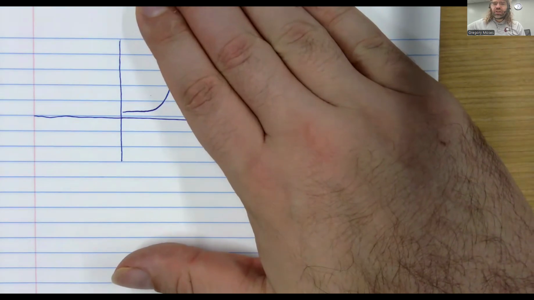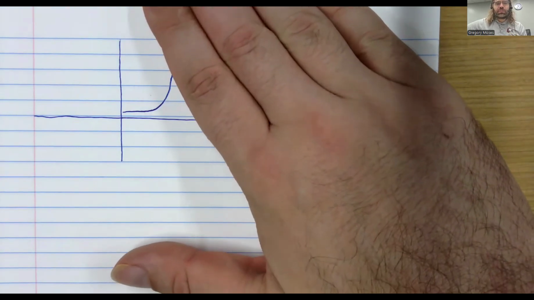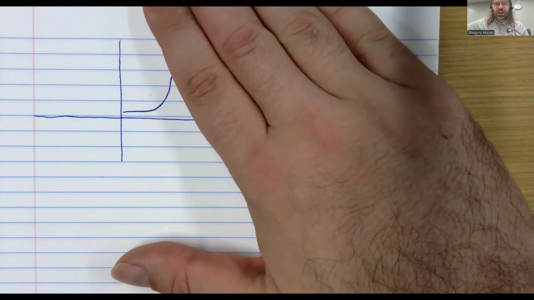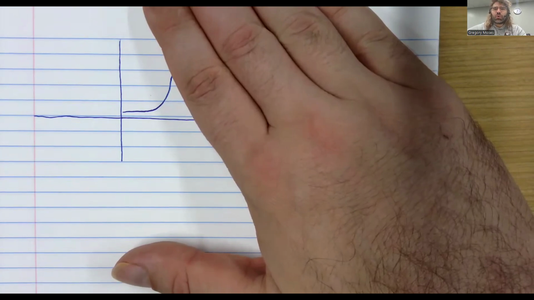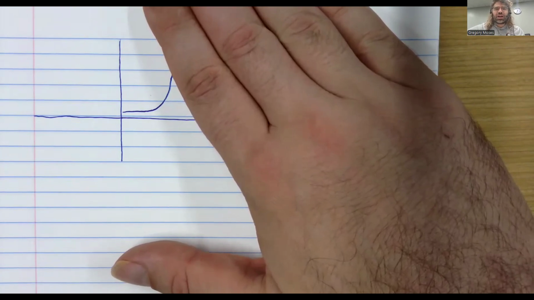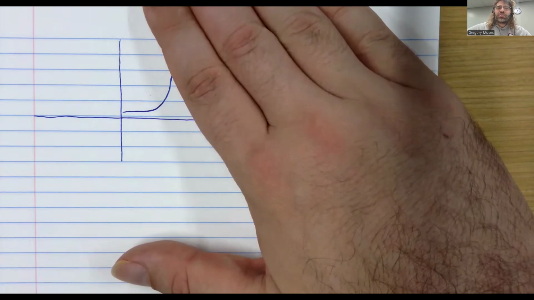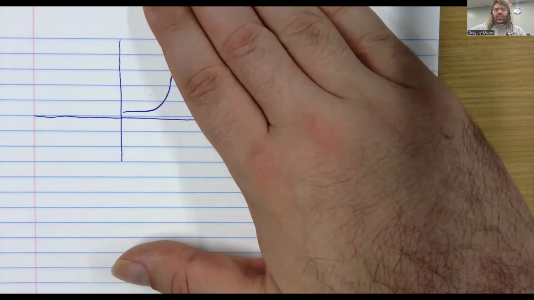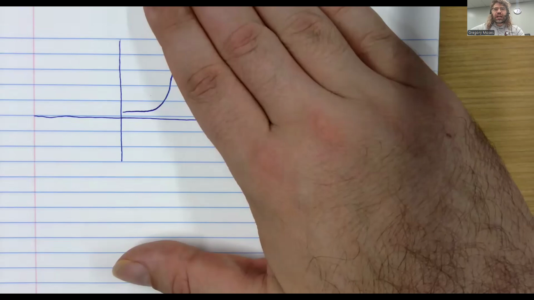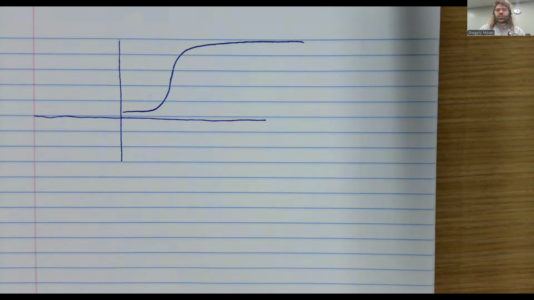Well, notice that if I crossed out the part where the disease got under control, this would look a lot like an exponential function. And the equation for a graph like this has exponential functions in it.